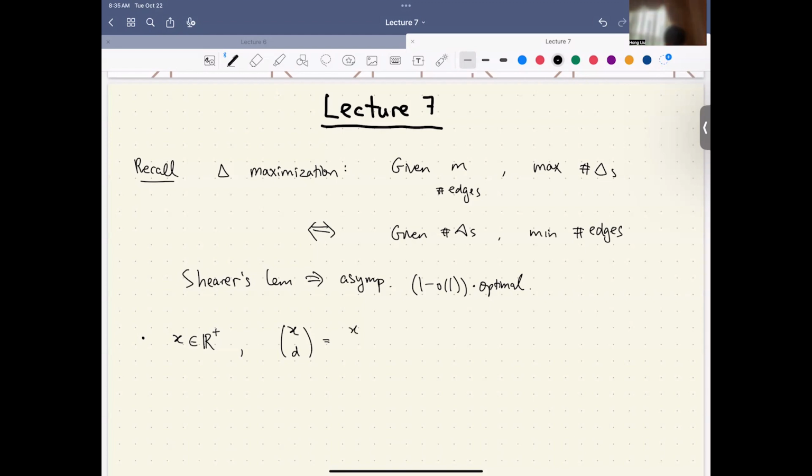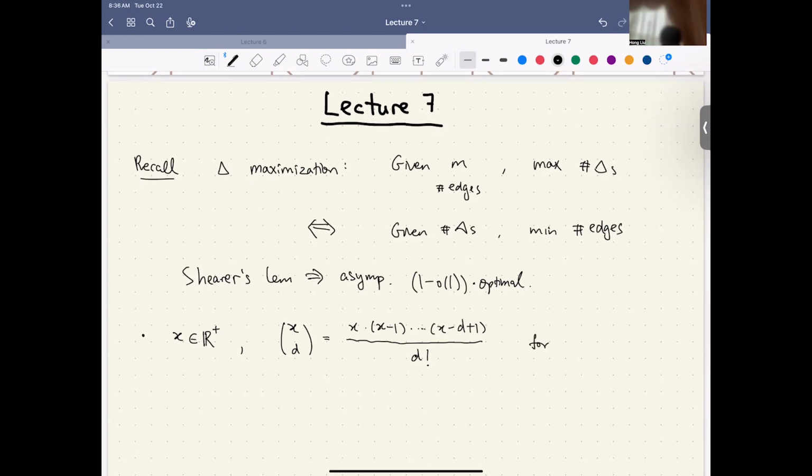So it will be x times x minus 1 times dot dot dot x minus d plus 1, over d factorial. Okay, and we define this for x greater than or equal to d minus 1. All right.